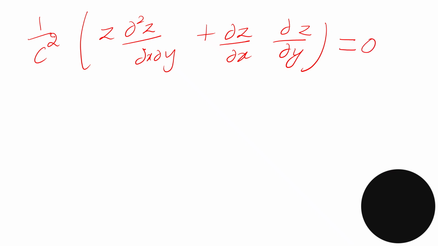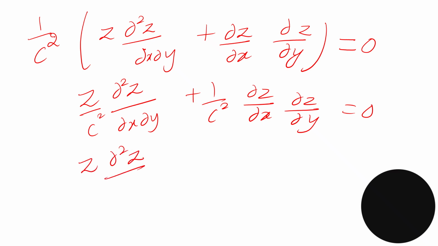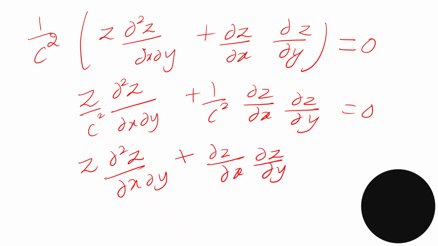Now multiply with c² inside. As per the standard notation, c² appears on both sides, so you have to eliminate c² because it is a constant. So you will get z ∂²z/∂x∂y + ∂z/∂x ∂z/∂y = 0.